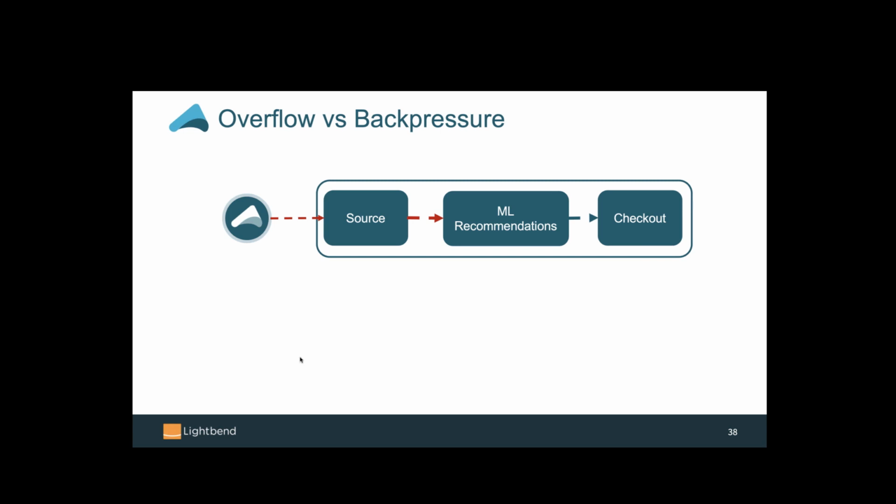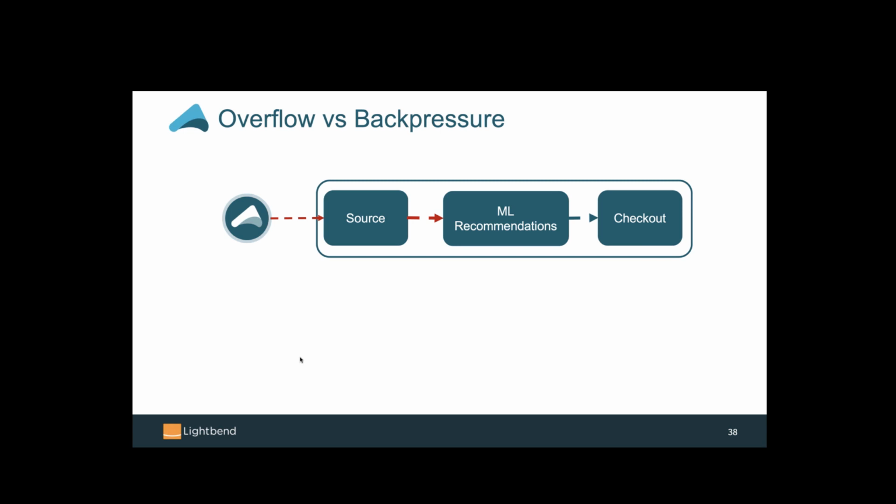As it moves forward, it does this ML recommendations operation. It's going to feed the user back some recommendations of things they may want to buy before it lets them check out. Well, in the case of backpressure, we're building a reactive system. We don't want to lose responsiveness just in the attempt to upsell our customer.